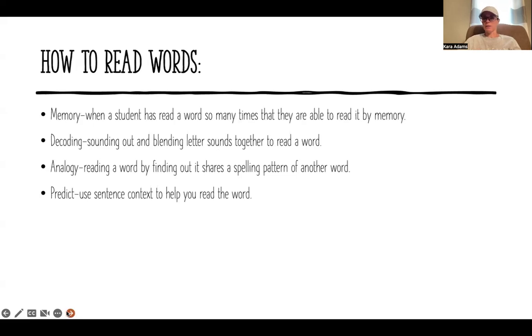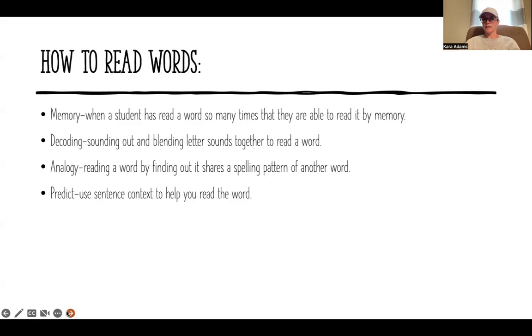How to read words. There are several ways that students are learning to read words as they're growing as readers. One way is through memory. This would be a student has seen a word many times, so every time they see it, they are able to read it by memory. It's something they've seen multiple times throughout their years of learning, and so it becomes a memorization word.